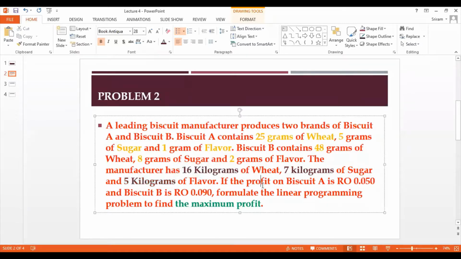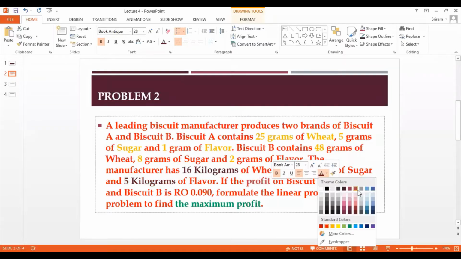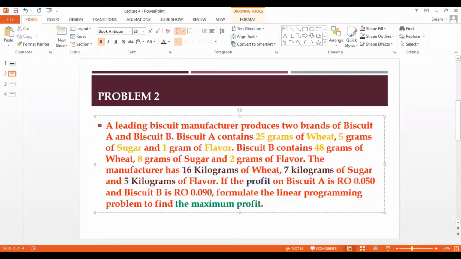So we have three things. Then they have defined the profit on each one. They said for biscuit A it is Rial Omani 15 and for biscuit B it is Rial Omani 90.